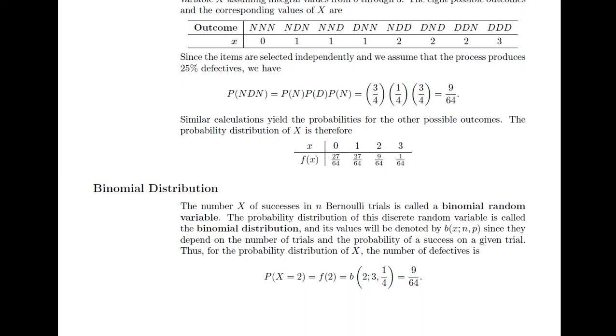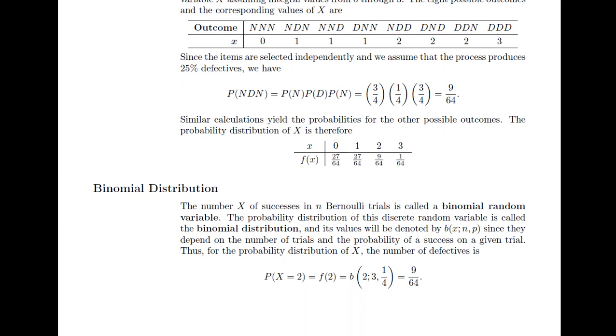Binomial distribution. The number X of successes in n Bernoulli trials is called a binomial random variable. The probability distribution of this discrete random variable is called the binomial distribution, and its values will be denoted by b(x; n, p), since they depend on the number of trials and the probability of a success on a given trial.